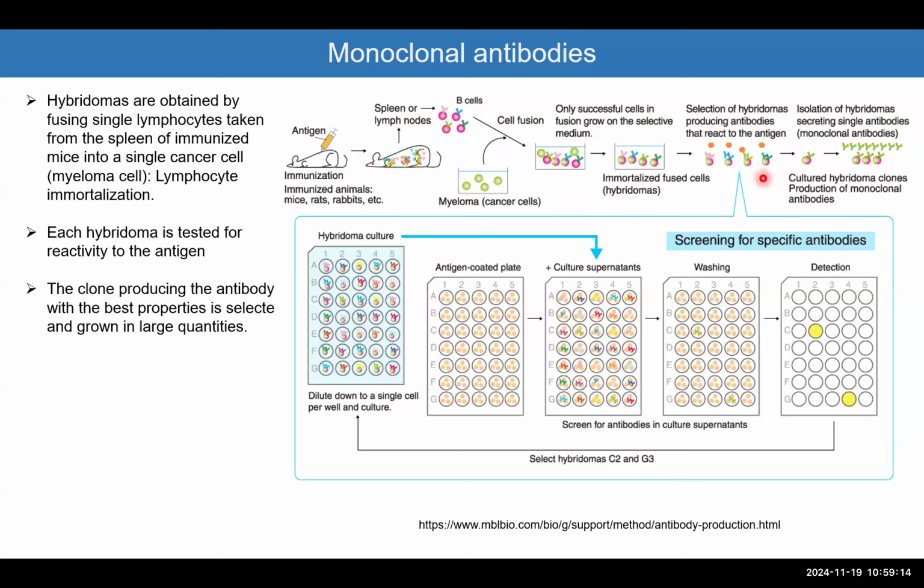And therefore, all we need to do now is to grow these cancer-like cells, my hybridomas, that are generating those antibodies. And if we take, for example, this cell and put it there, and this one I put here, 1, 2, 3, 4, each one of them is generating a different antibody toward that antigen.